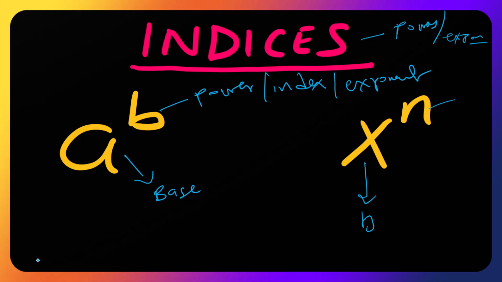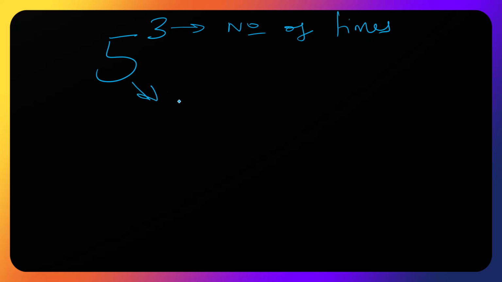Now if I write 5 exponent 3, the number up here is the number of times this number down here is multiplying itself. For instance, 5 to the power of 3 means the number down here is multiplying itself 3 times.